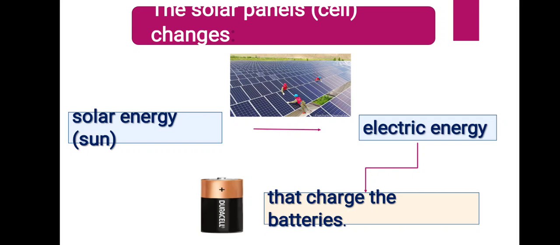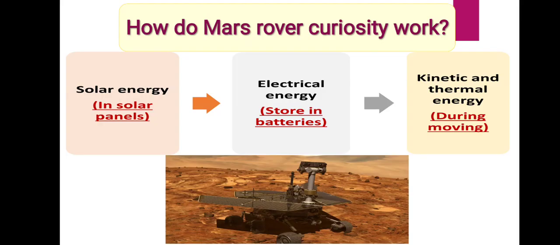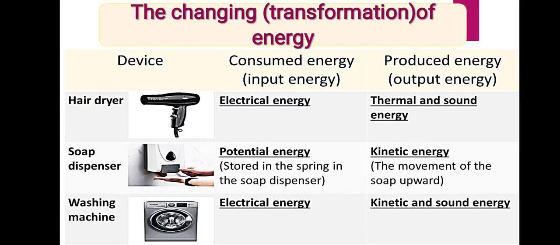The electrical energy charges the battery, so the battery helps the Mars rover Curiosity to move. When it moves, the electrical energy changes into kinetic and thermal energy.